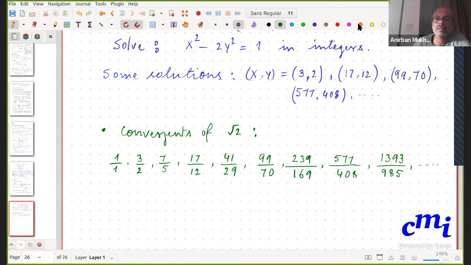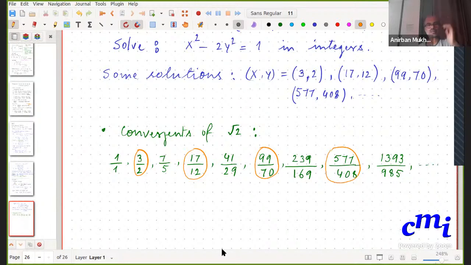Now observe that not every one is a solution to the equation, but alternating ones are. This is a solution, this is a solution, this is a solution, and this is a solution. So alternating ones are solutions. This is just an observation. We haven't proved anything yet.